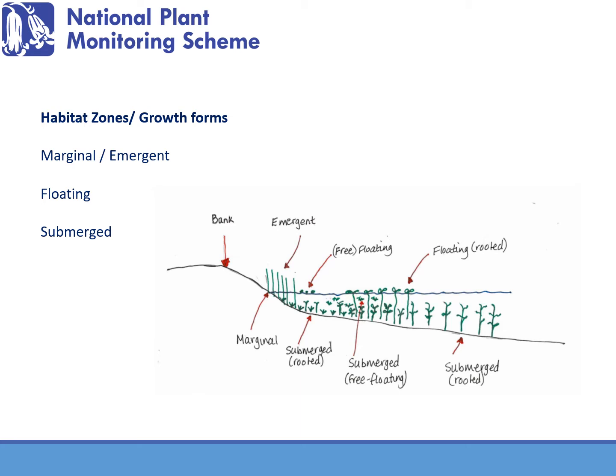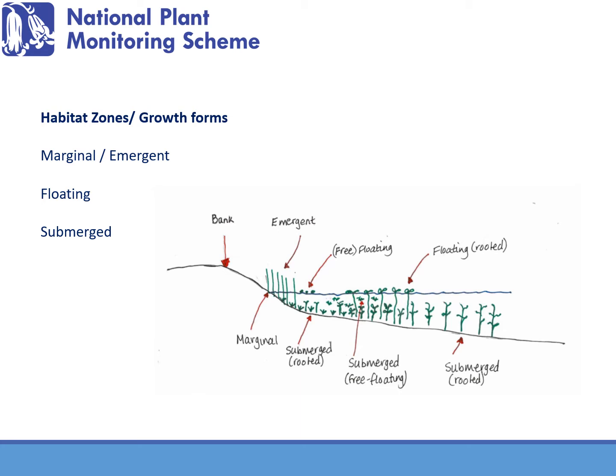Then we have other submerged plants which aren't fixed at all, and they float around in the water body at the whim of currents and water flow. These submerged plants, whilst they might be rooted below the water surface, may have aerial parts or produce flower spikes which rise above the water surface.